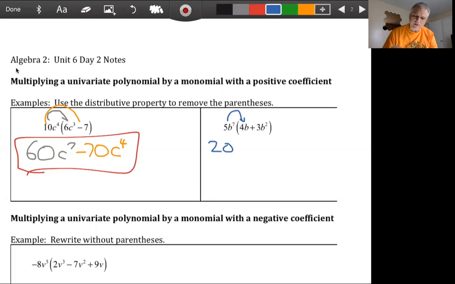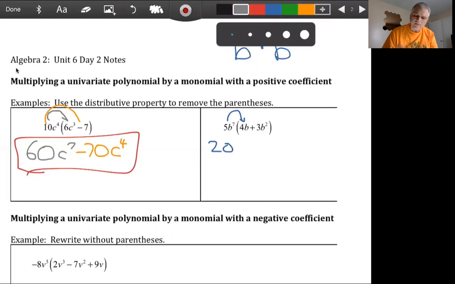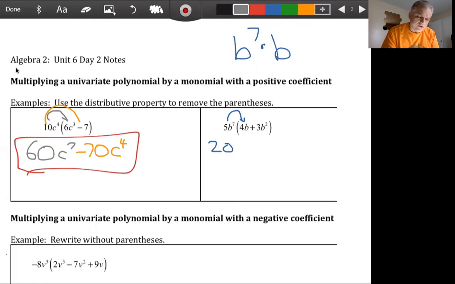Now, b to the 7th times b. I'm just going to write this off to the side here to highlight it a bit. Remember that if the terms have the same base, when you multiply them, you add their exponents. This exponent is 7. The other one doesn't have one written.